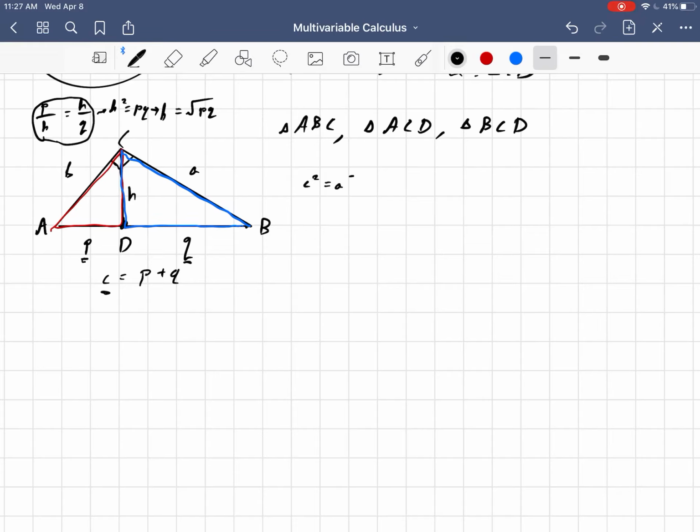First of all, we know from triangle ABC that C squared is A squared plus B squared. We know from triangle ACD, the red triangle, that H squared is B squared minus P squared.